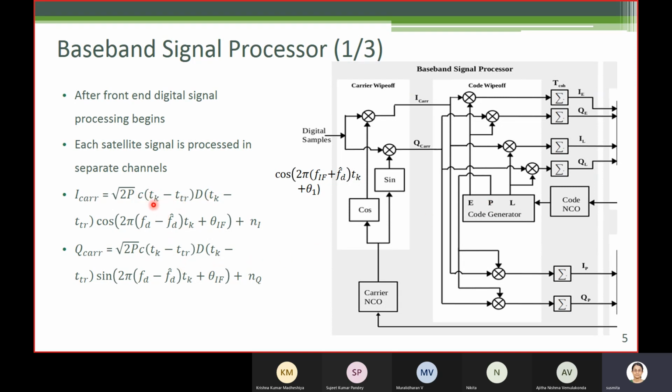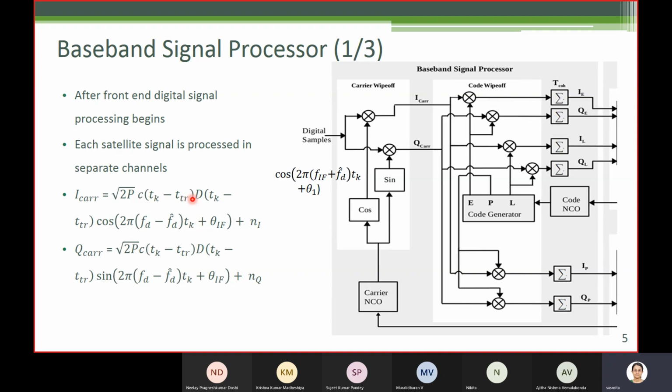So you can imagine some C hat here multiplied. We know that C takes one of the two values, plus or minus 1. You multiply C hat to it. C hat is perfectly aligned with C, meaning if C takes plus 1, C hat will also take plus 1. If C takes minus 1, C hat will also take minus 1.